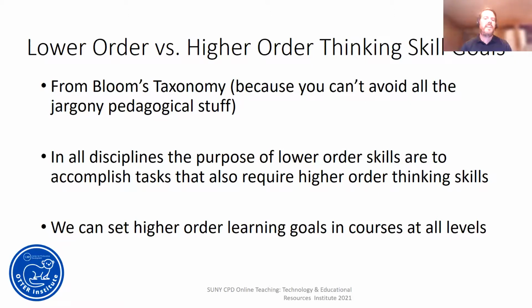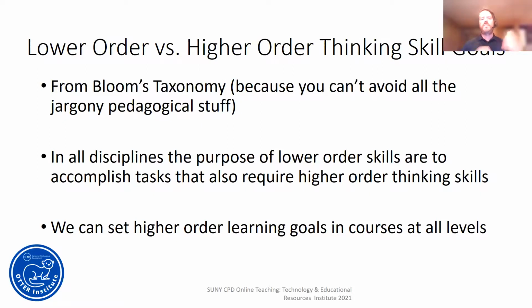But again, it's just a shortcut for trying to get students to go beyond just absorbing content and actually having practice in using that content to do something and to learn something. And so Bloom's is the one we use here, but you could just forget the name Bloom if you'd like, and just focus on the adjectives that we'll talk about in a second that describe these more higher order learning goals, thinking skills goals.